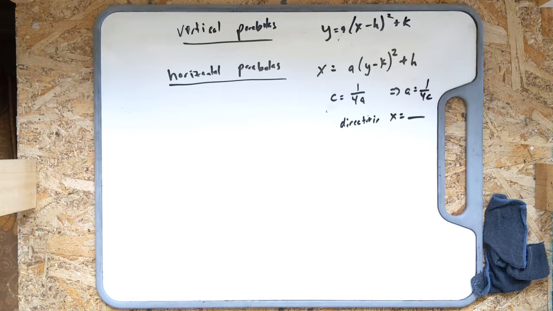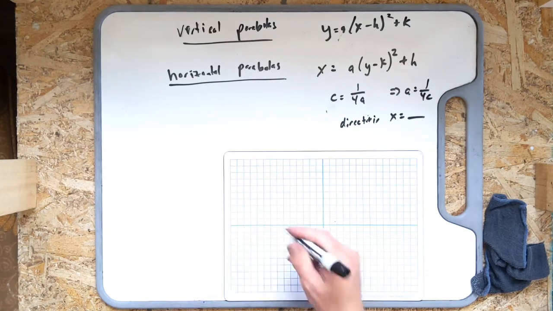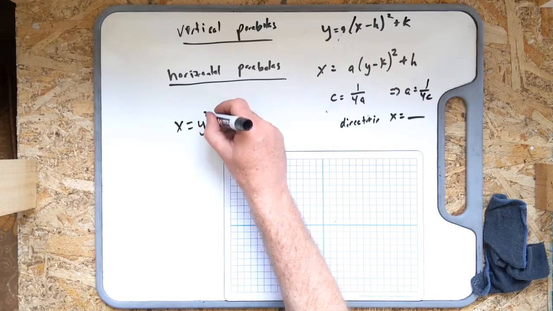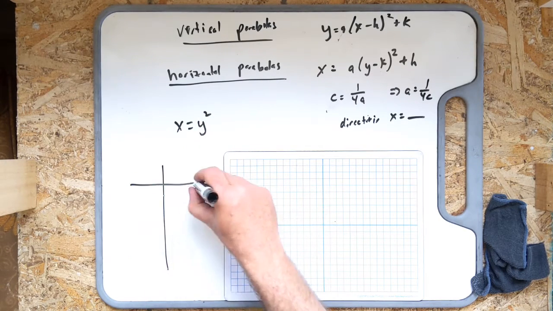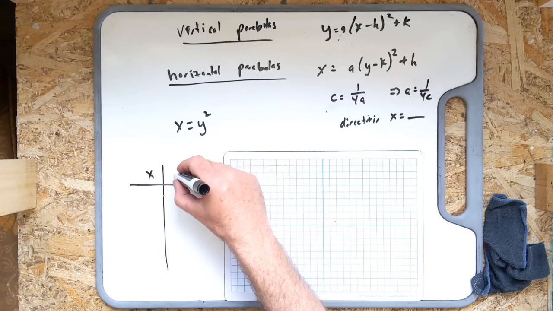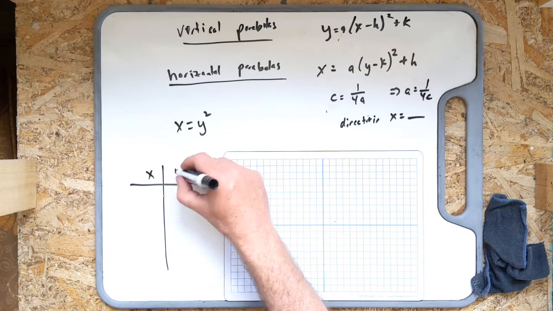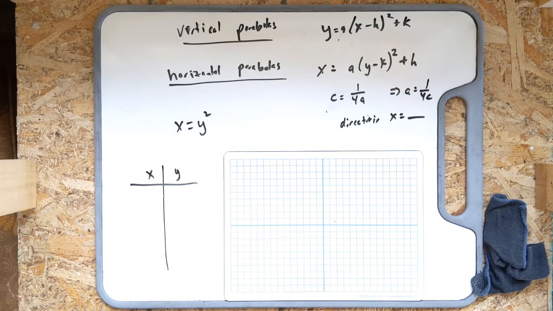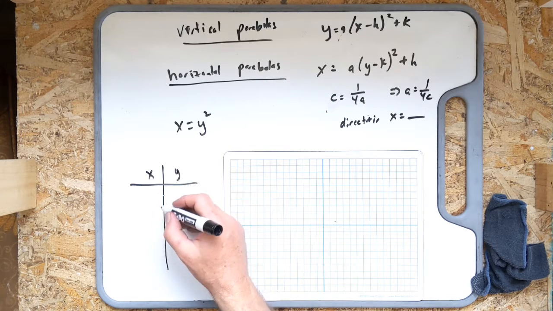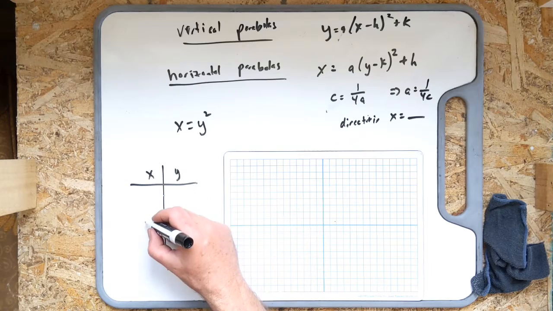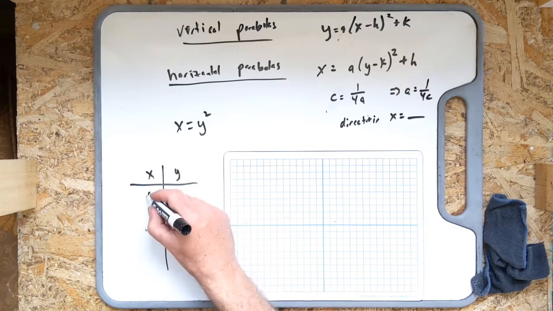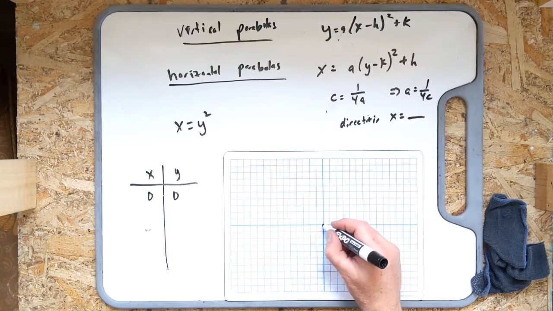Okay, so now I'm going to graph a basic one first, which is x equals y squared. I'm going to plug in values of x and get values of y, just so I can graph it. You're going to find it's very similar. If I plug in an x of 0, I'm going to get a y of 0.